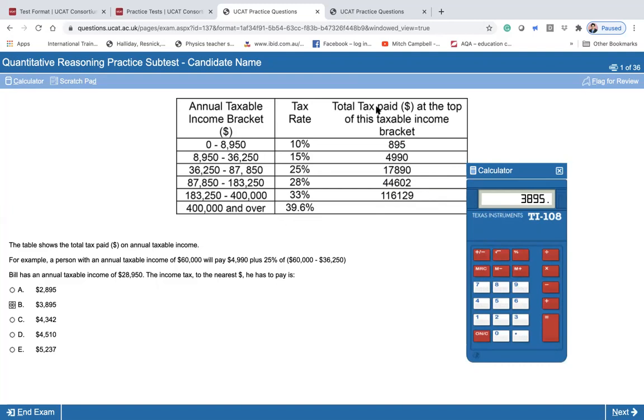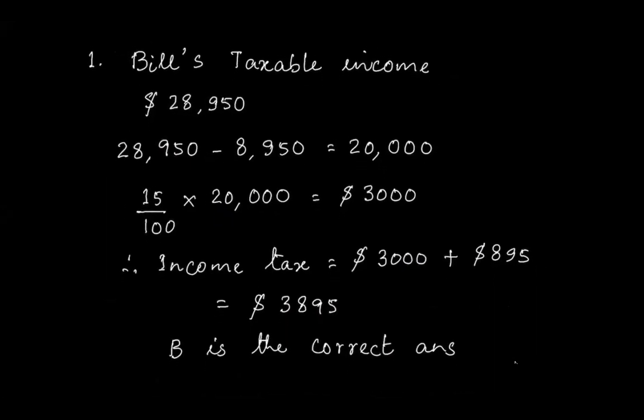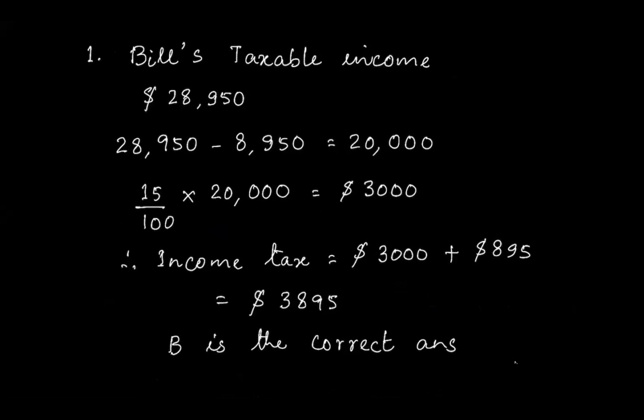Just to make things easier, I have solved this on my iPad, and I want you to go over the steps. So you see, you have Bill's taxable income, which comes out to be 28,950. 28,950 minus 8,950 comes out to be 20,000.